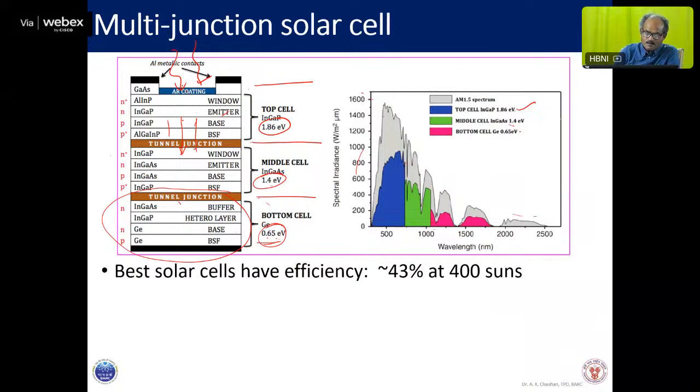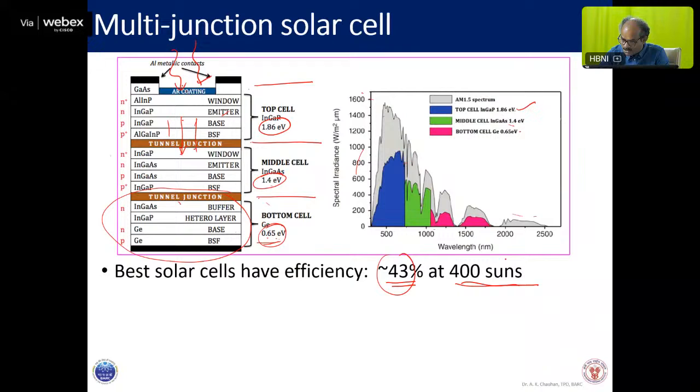This type of best solar cell has given a multiple junction efficiency of nearly 43% at 400 sun. 400 sun means concentrators are used. I gave the example of a simple convex lens, but normally these are not convex lenses, these are reflectors. So you have big mirrors where the solar radiation is concentrated into an area 400 times smaller.